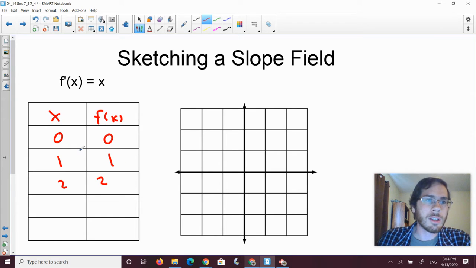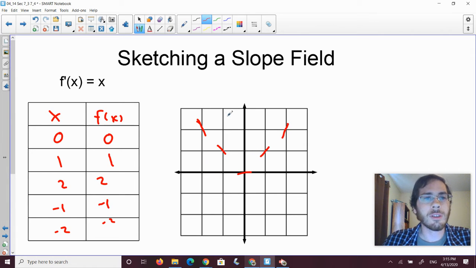So at our point 0, 0, we're going to have a slope of 0. At the point 1, 1, we're going to have a slope of 1. 2, 2 would be a slope of 2. If we did negative 1, we should get negative 1 back, so our slope would be negative 1. Same deal if we did negative 2, we should get negative 2 back. We get a slope of negative 2.